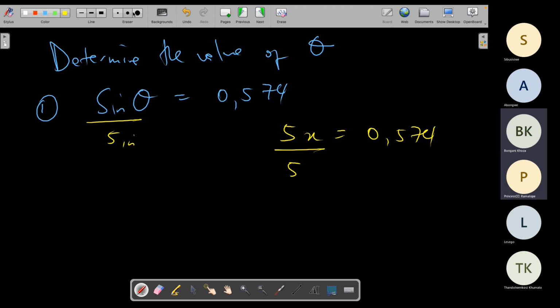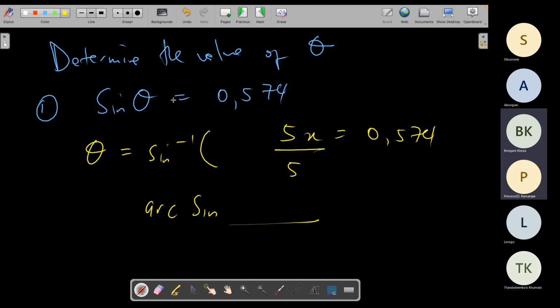But what we can do is apply the inverse of sine. So theta equals arc sine of whatever number. This is the same thing as us dividing by 5 on both sides.